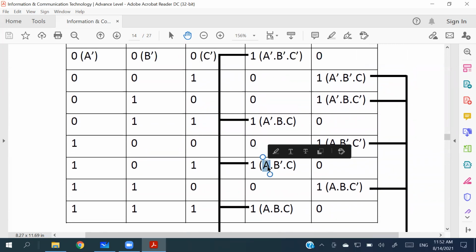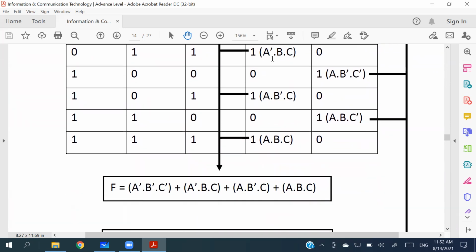So that will give you A dot B bar dot C. And the very last one, this 0 is disregarded, and this one has 1, 1, and 1. So that simply indicates A dot B dot C. So we have 4 SOP terms against the ones of the output column.